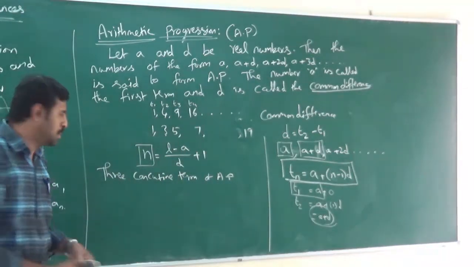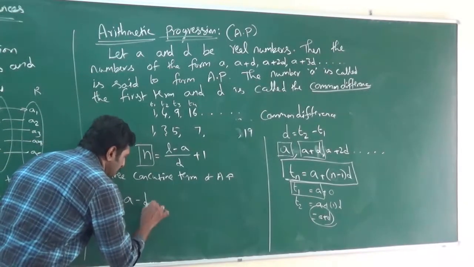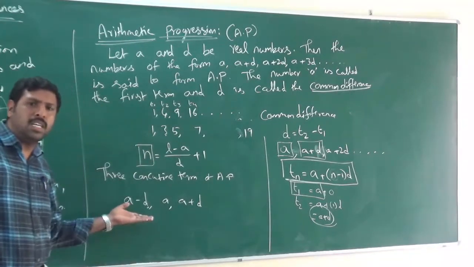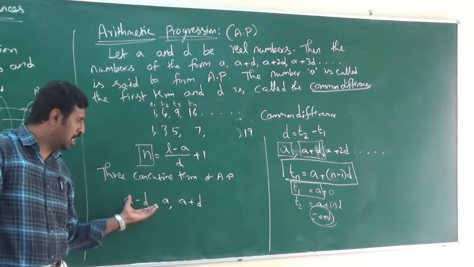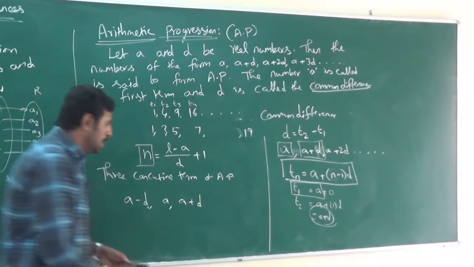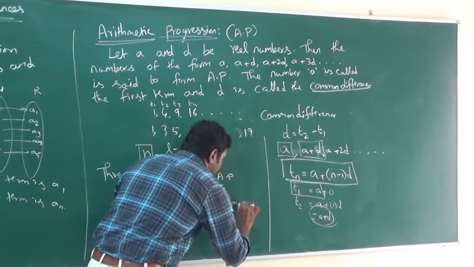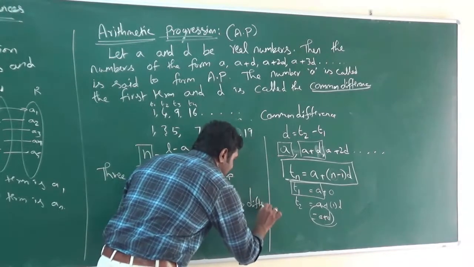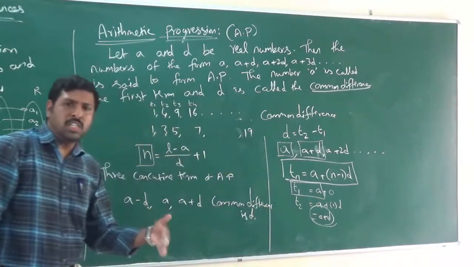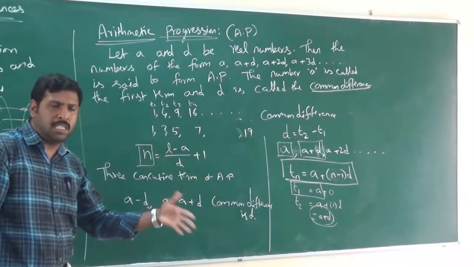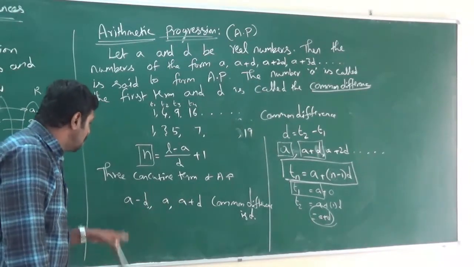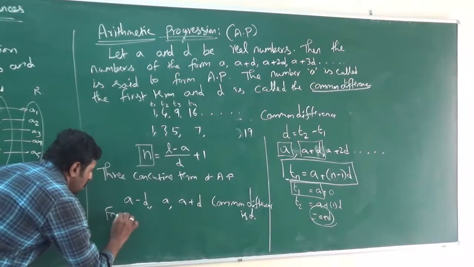The three consecutive terms are A minus D, A and then A plus D. Here we have the common difference as D. The three consecutive terms have the common difference D. So consecutive means the next terms in sequence, right? Next we have 4 consecutive terms.